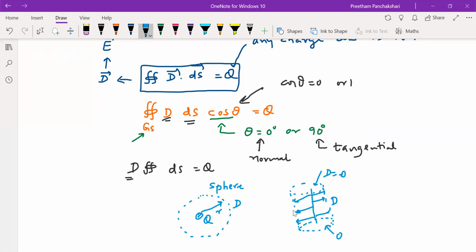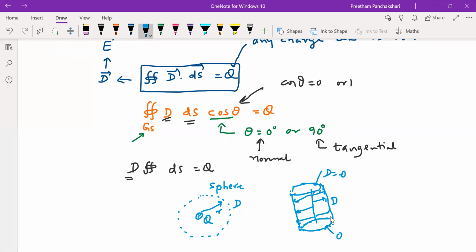So cos theta is 1 on the cylindrical side, and cos theta becomes 0 on the top and bottom surfaces of this closed cylinder. So likewise, by visualizing the Gaussian closed surfaces symmetrically around the charge distribution, we can reduce the complexity of integration in the Gauss law.